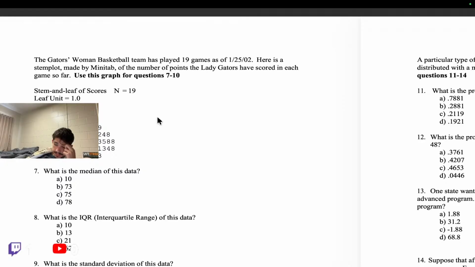Median is 19 plus 1 divided by 2. Ten piece of data.